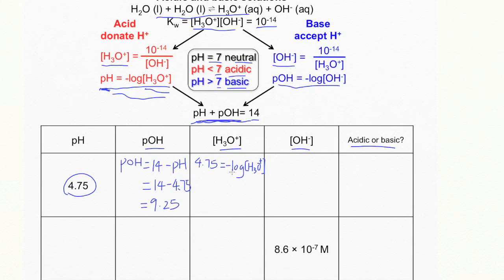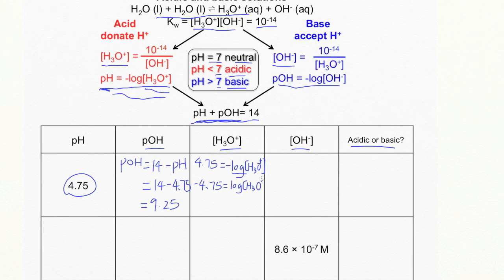How do we get rid of this logarithm sign? Let me show you. I multiply negative 1 on the two sides, so you have negative 4.75 equals positive logarithm of hydronium concentration.